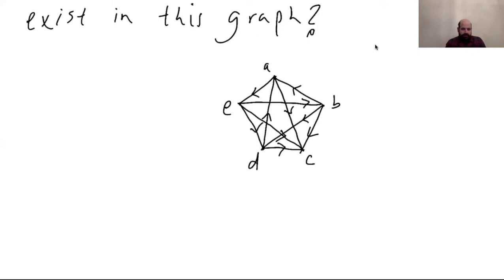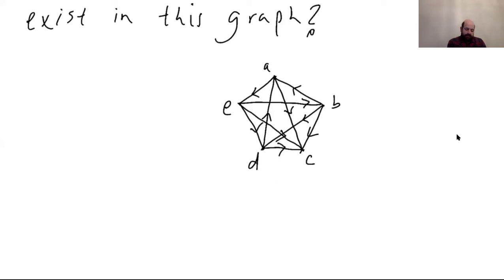Okay, so this is the graph that we have. It's a directed complete graph, which means a tournament. Now we want to look at how many Hamiltonian paths this has. So we have to pass each vertex exactly once.